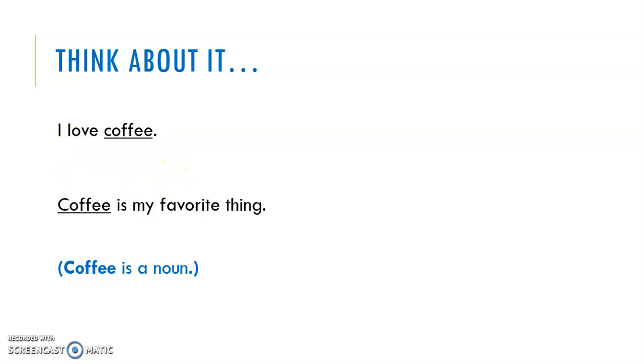It's going to be a person or a place or a thing or an idea. But let's change these examples just slightly. So instead of I love coffee, what if I say I love drinking coffee? Still very simple, right? We've got the subject, we've got the verb, but the object is now this action.